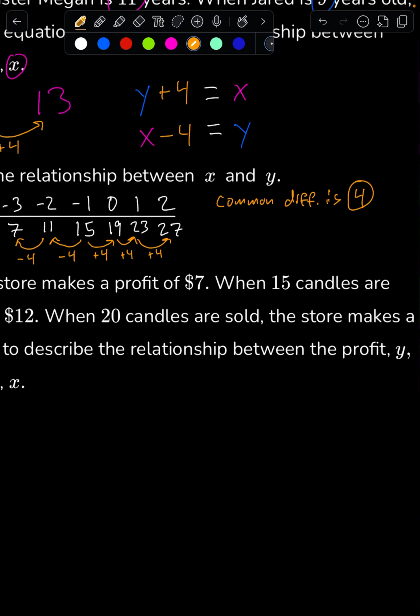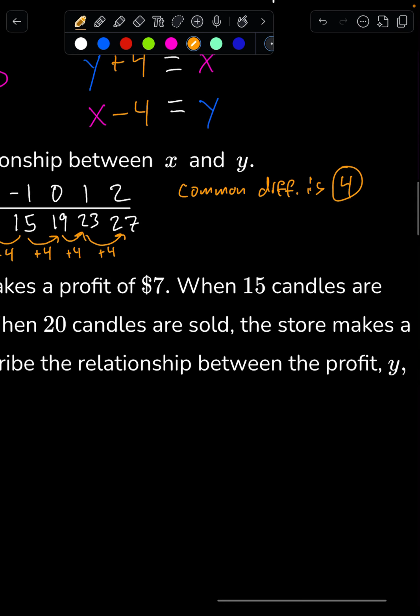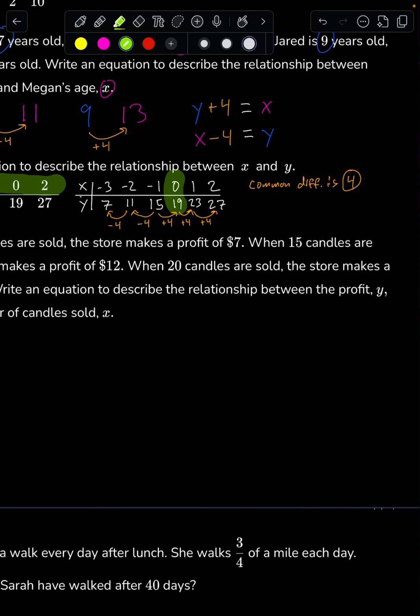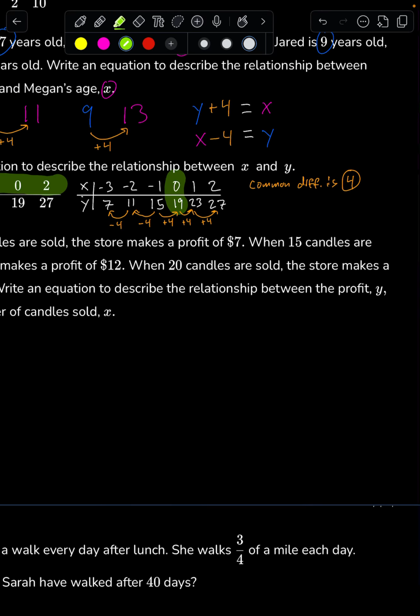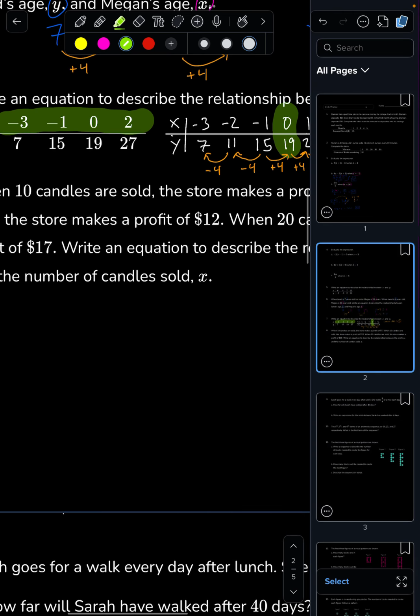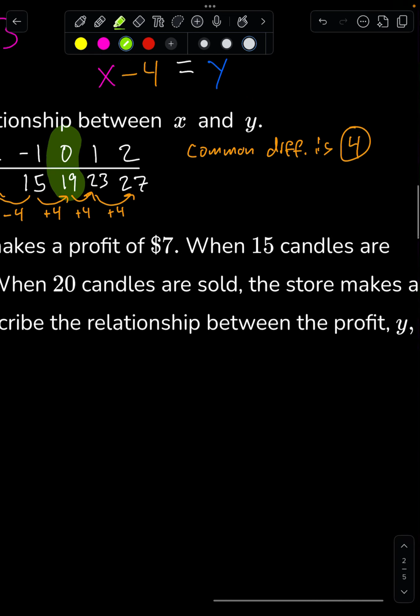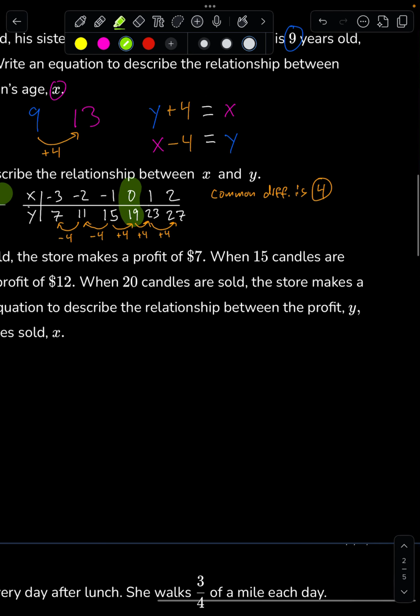Now we're almost there in terms of describing this relationship with an equation. We just need to figure out, okay, well, where do x and y play into this? And if you recall from one of our classroom meetings, we talked about the importance of looking at what happens when x is 0, or the 0th term in our sequence. And we see that when x is 0, y is 19. So we can use that to help us.